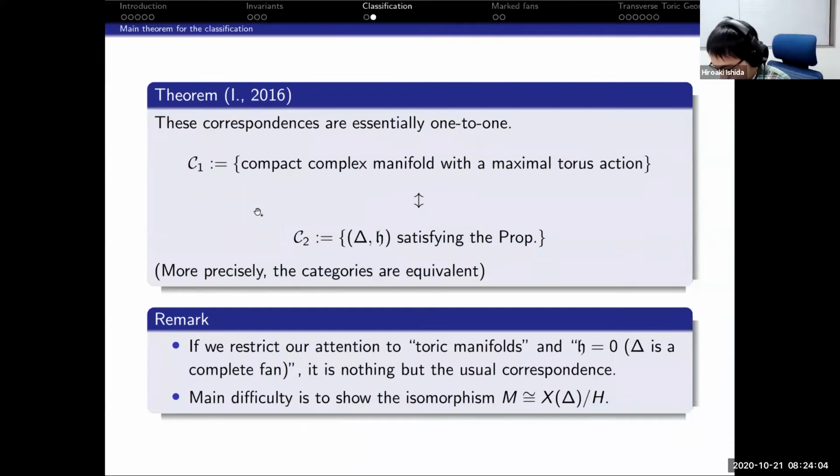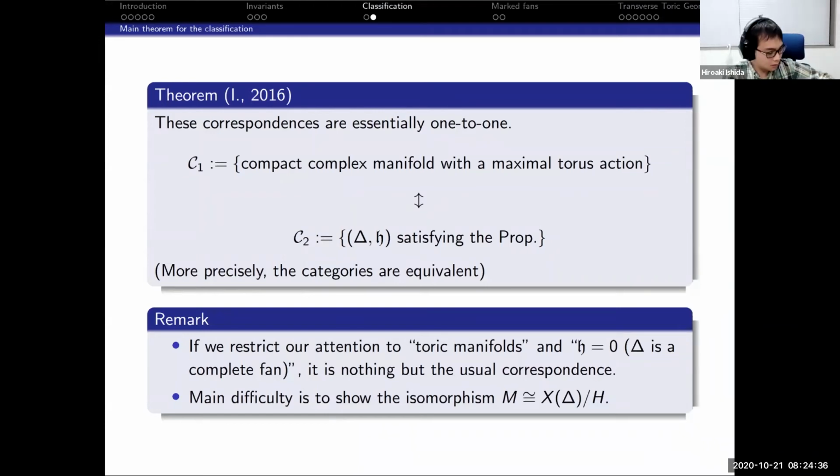I don't explain the proof of this theorem, but let me emphasize the difficulty. The main difficulty is to show the isomorphism between this mysterious manifold and this concrete manifold. Namely, the existence of a natural isomorphism is the difficult part.